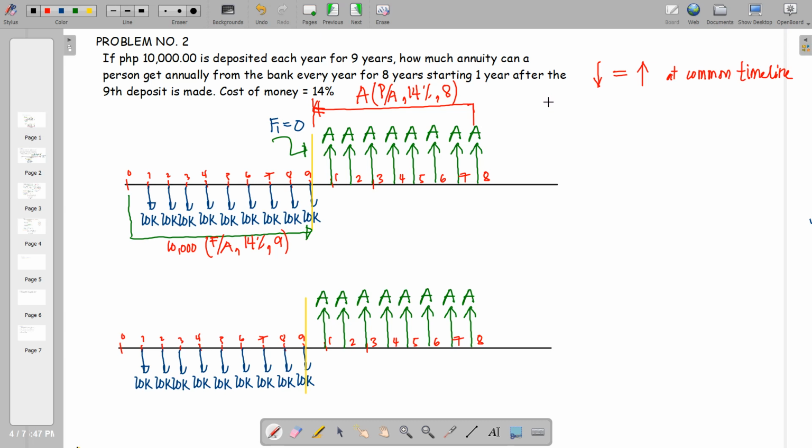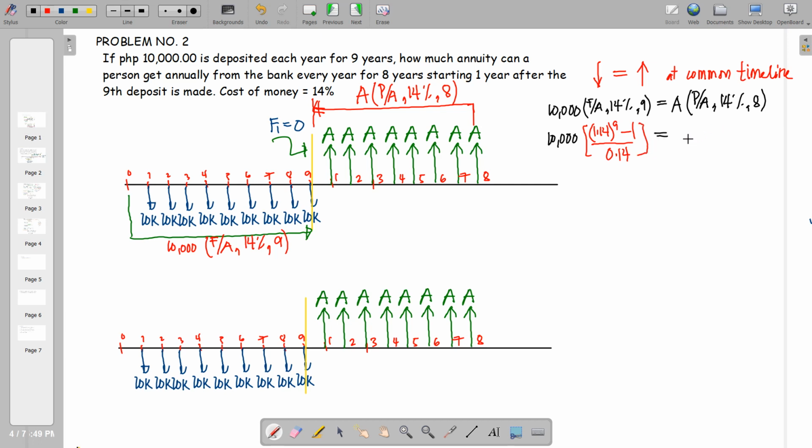So, let us have that one in this. Unahin muna natin pababa. We say that 10,000 is equal to, what is this? F given A at 14% and then 9. And this must be equal to the annuity P given A at 14%, 8. And then by this, we just copy and then insert the formula F given A. So kapag F given A, that is a forward arrow. And we know that forward arrow, we have the formula 1.14 raised to 9 minus 1 all over 0.14.